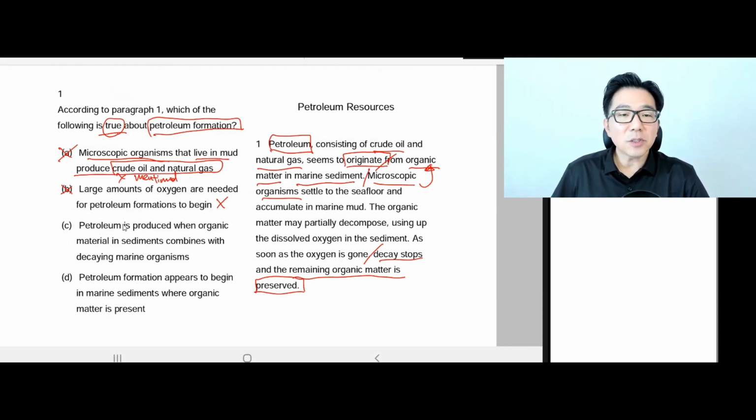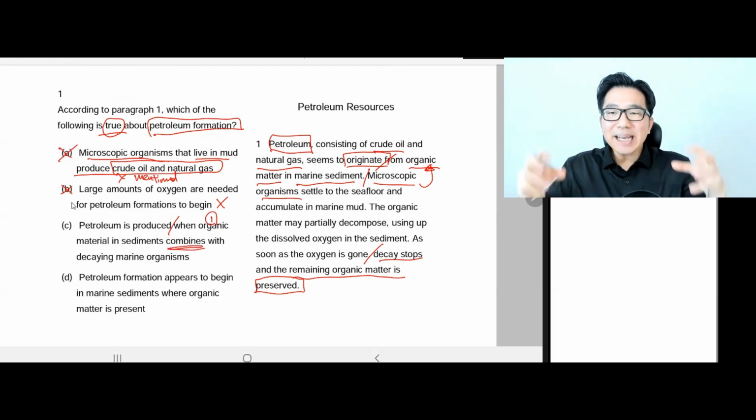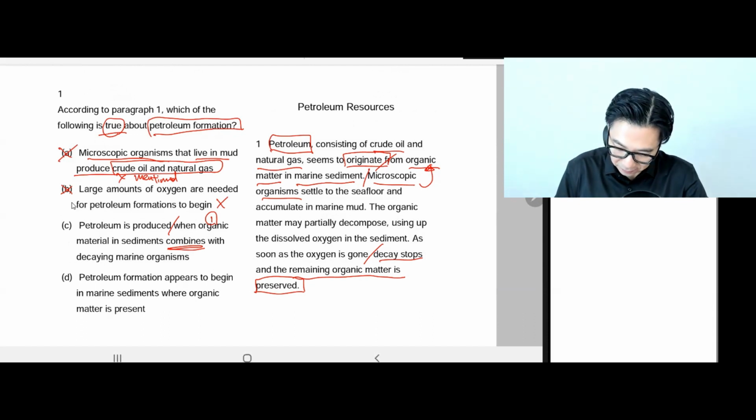C, petroleum is produced when organic material in sediment combines with decaying marine, it just doesn't make sense. Okay, so C is saying petroleum is produced when organic material in sediment combines, so one thing gets mixed with another thing, right?